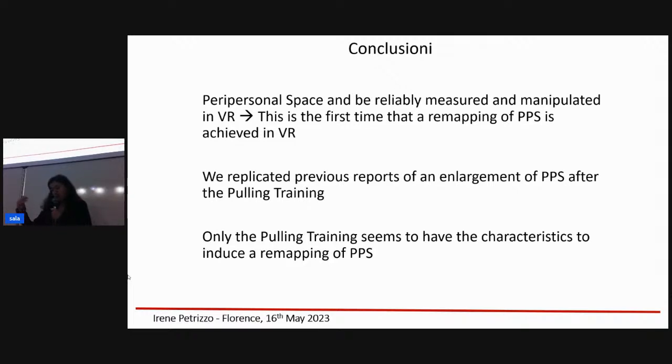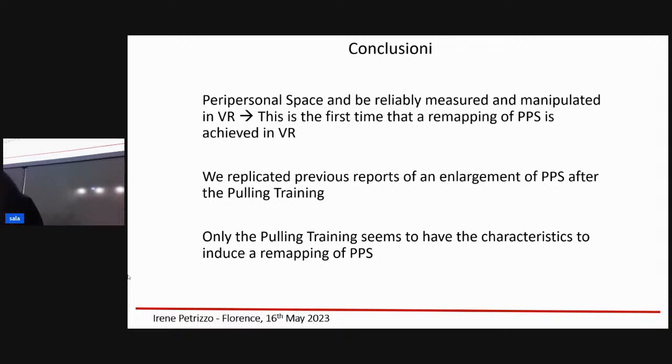We replicated previous findings, but we pushed the knowledge about how the peripersonal space can be modulated by seeing that all the other kinds of training that we tried were not effective. So there is something special about this pulling motion that we are not able to exactly pinpoint yet, but it's the only kind of training that has an effect.